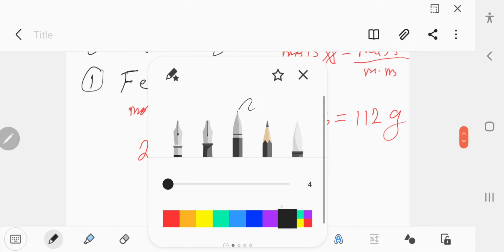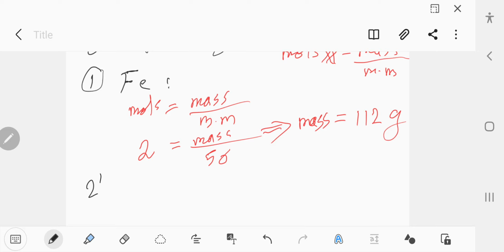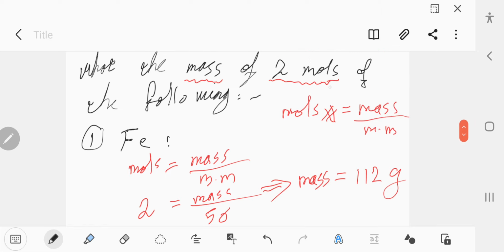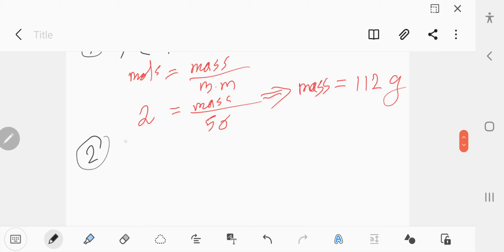Number 2, let's take another example. Same question: what is the mass of 2 moles of, for example, H2O? Here, guys, for H2O, we have to calculate the molar mass first. Here we have 2 hydrogen atoms with 1 oxygen. So hydrogen, as mentioned before, is 2, because we have 2 atoms, and oxygen is 16. So 2 plus 16 equals 18.